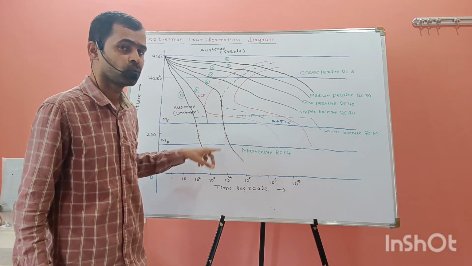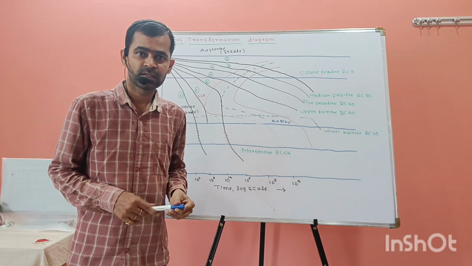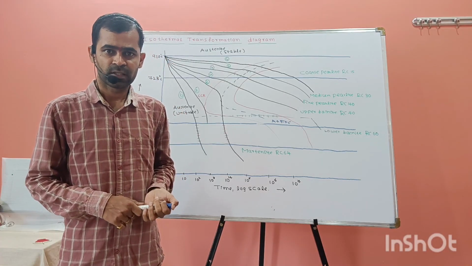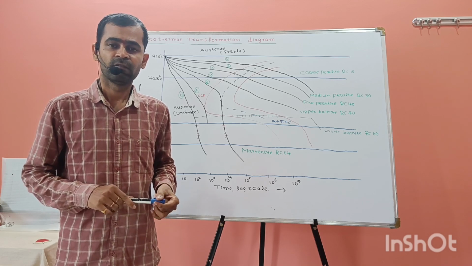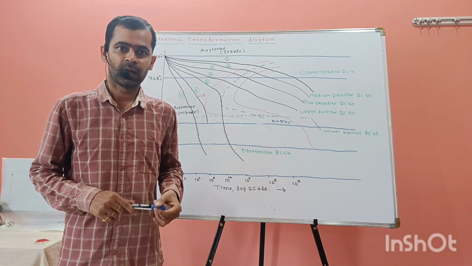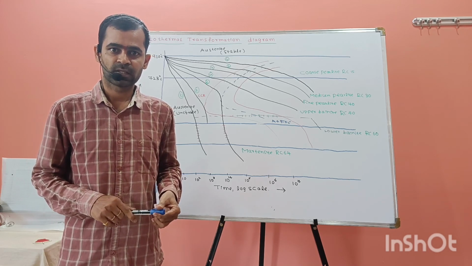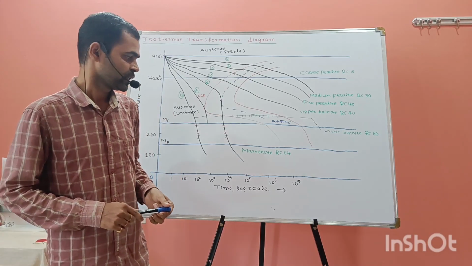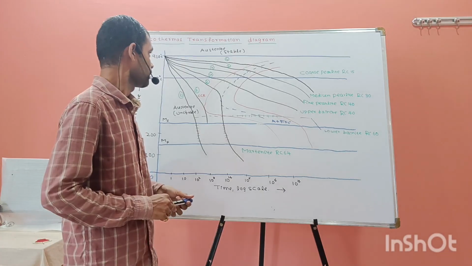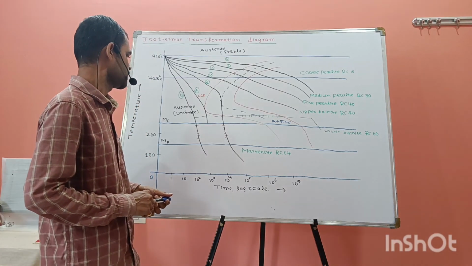At different cooling rates, when the steel is heated and quenched, different phases may form. When we get martensite throughout the cross section, it is called hardenability of the steel.